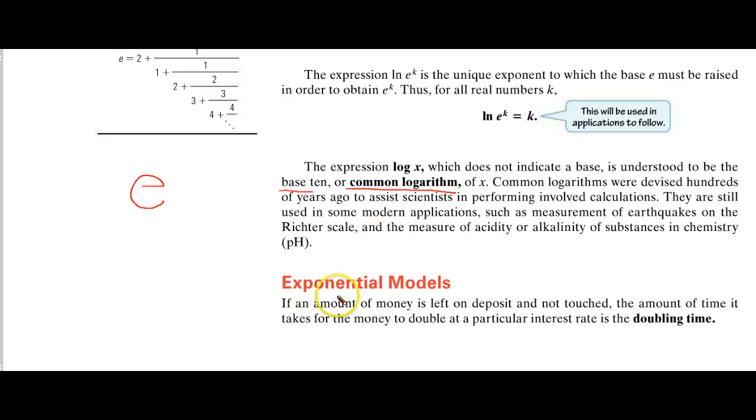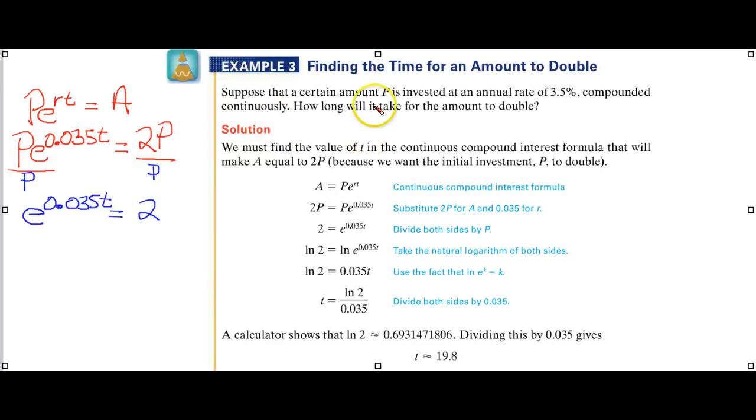All right, we're going to look at exponential models in which we are looking for doubling time. How long does it take your money to double? Okay, so we have a certain amount, P, invested at an annual rate of 3.5% compounded continuously. So there's where the letter e comes in. How long will it take for the amount to double?